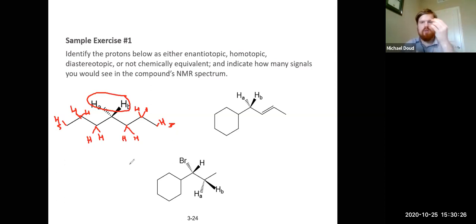If we rotate the molecule, it's going to be the same on both sides. So that was what led us to believe that this is going to be our first signal here. Now, as we move out from there, that axis of symmetry still applies. This set of protons and this set of protons are still on the axis of symmetry relative to one another. So this is going to be the same signal. So we're just going to call these both signal 2.